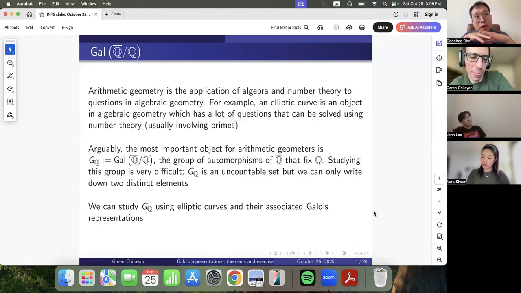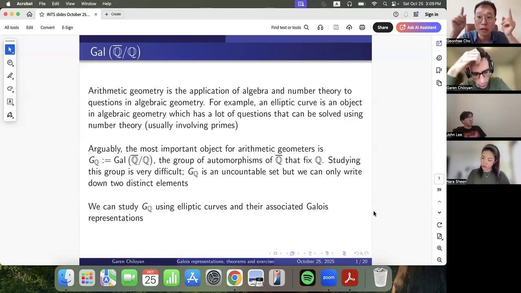So we start from Z, and then if we take the fraction field, we get Q. The exact analog is to look at C[x], polynomials in one variable, and if we also take the fraction field, it becomes the field of rational functions, or meromorphic functions in the complex setting.